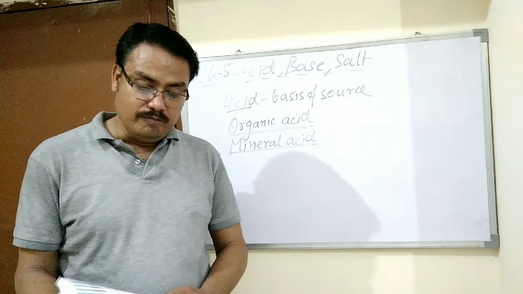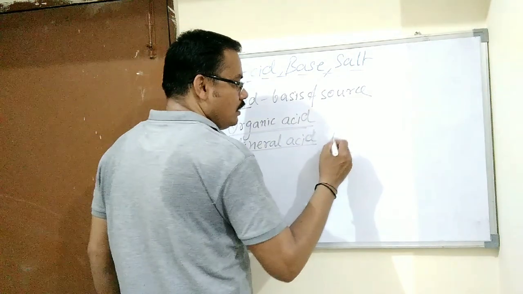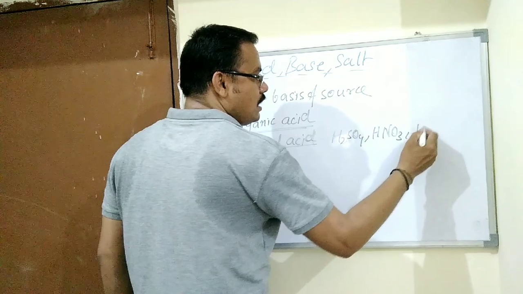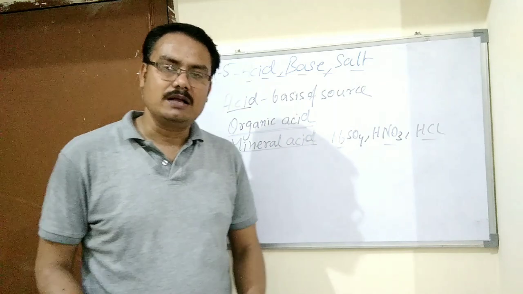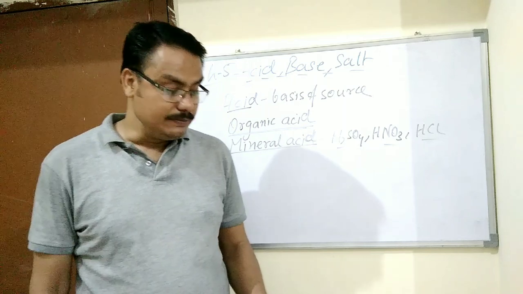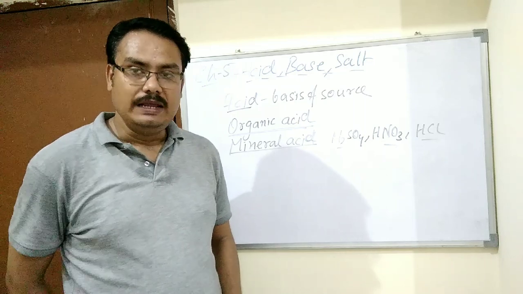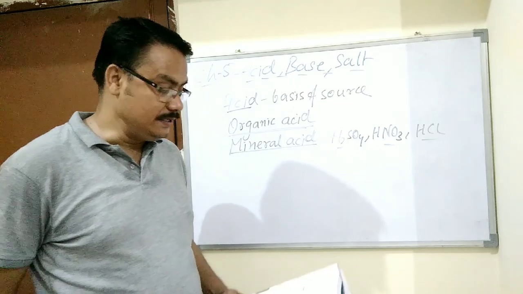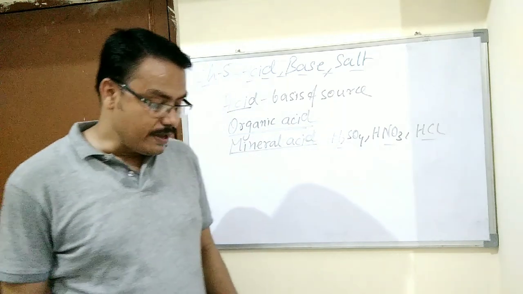A few acids are minerals, like nitric acid, sulfuric acid, hydrochloric acid. These, students, are formed from minerals by combining two or more elements together to form the acid. Now acids are of two types, strong acid and weak acid, which I told you in my introduction. For example, hydrochloric acid is a strong acid.